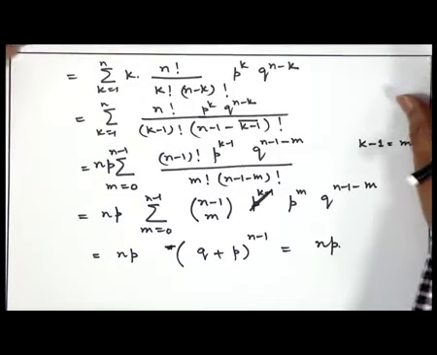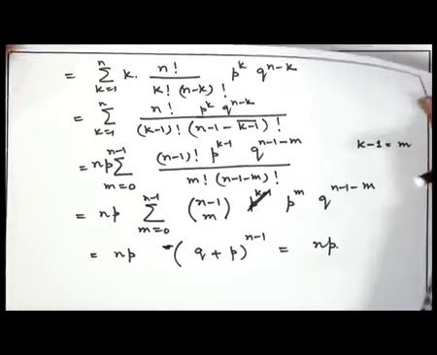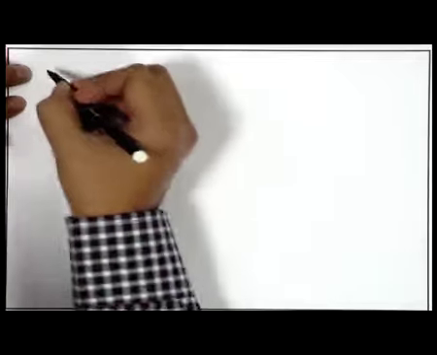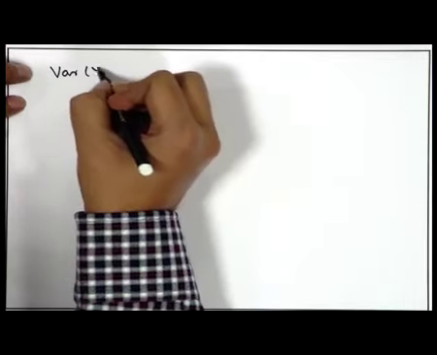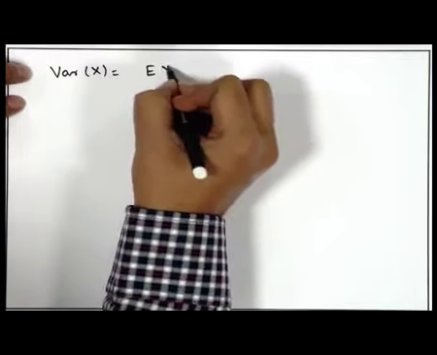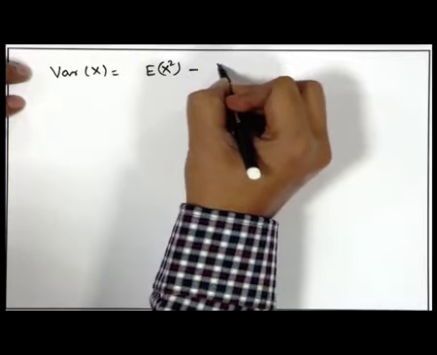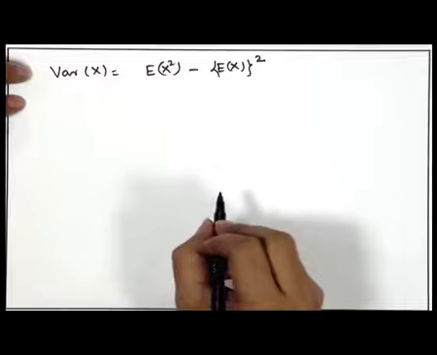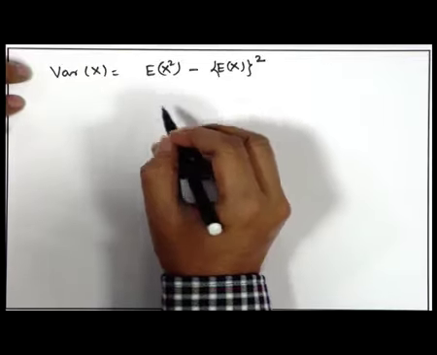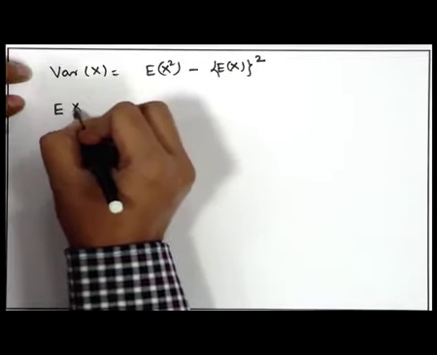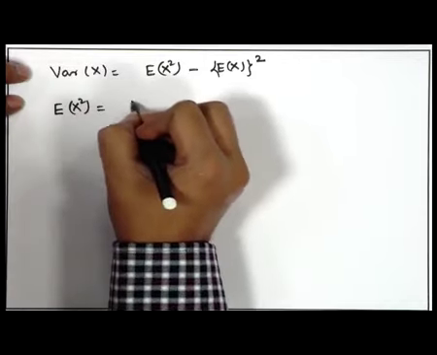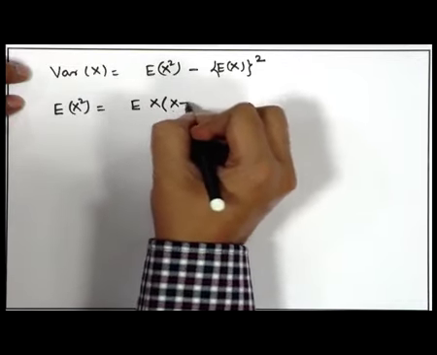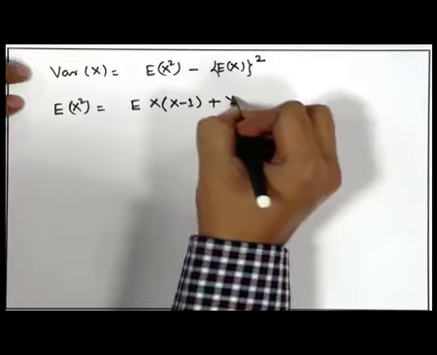Let us look at the variance of this distribution. Now, for variance we have used the formula expectation of x square minus expectation of x whole square. Now, to calculate expectation of x square, we further resolve it by writing it as x into x minus 1 plus x.